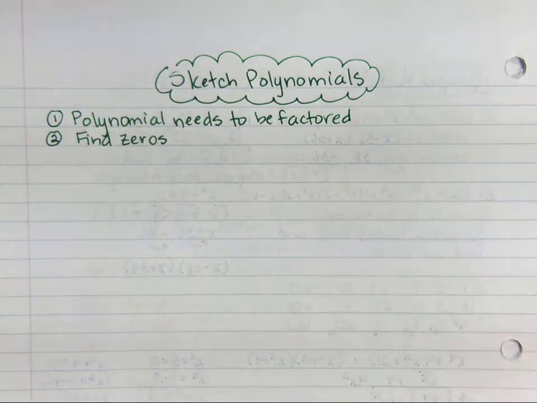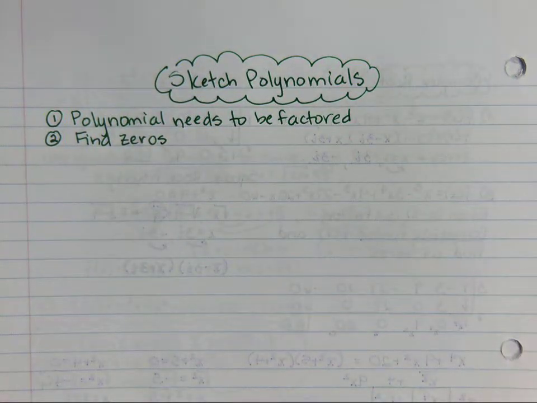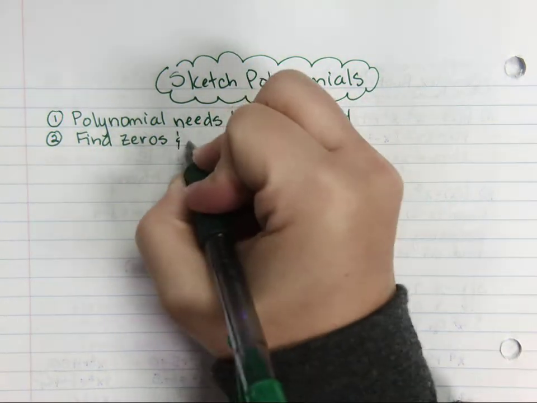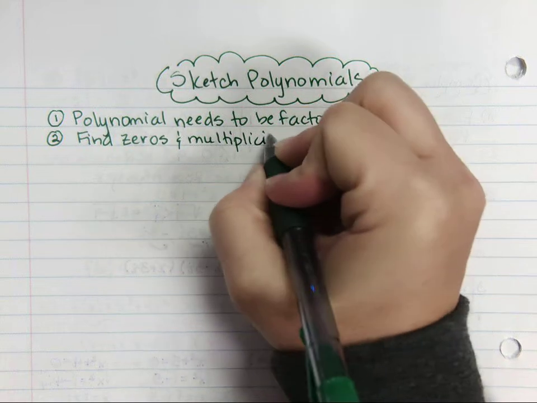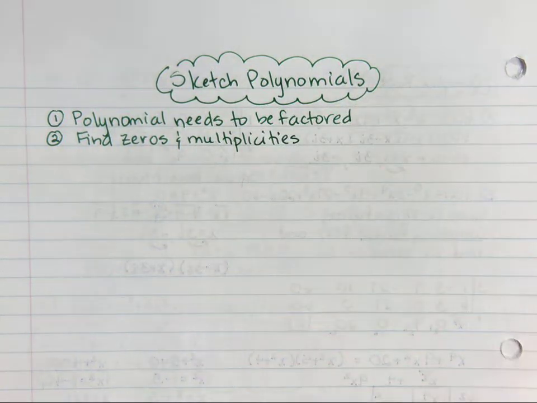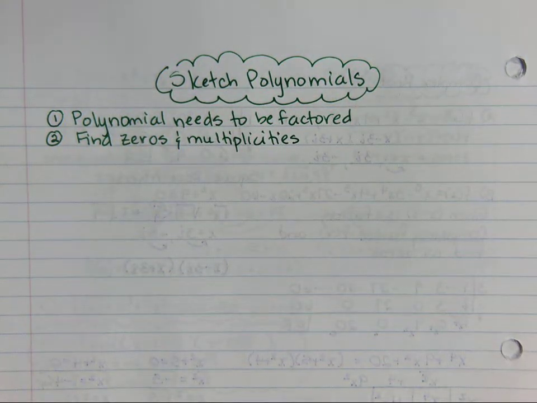So once we identify our zeros, we also want to identify their multiplicities. Now, multiplicities tell us some behavior around the zero, which we will discuss today.